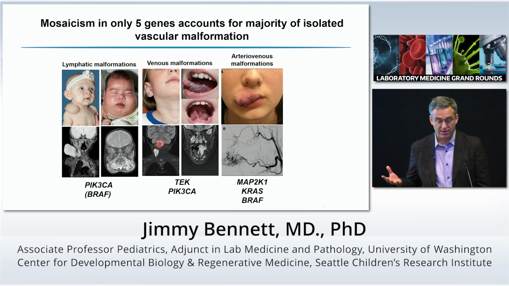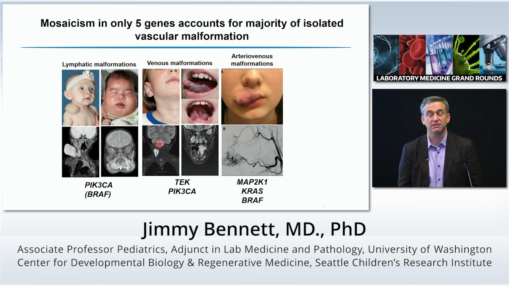And just to summarize, quite a bit of work, but in a single slide, but it's not too hard to do. We now know that, and this is a summary about past 5-10 years of work, that mosaic activating mutations in 5 oncogenes, which will be familiar to people who work with cancer here, are the cause of these 3 main classes of vascular malformations.